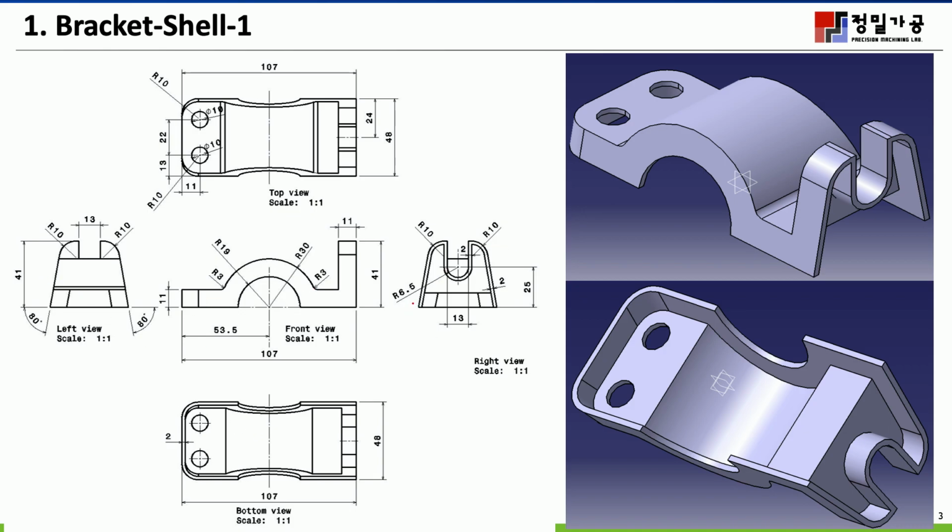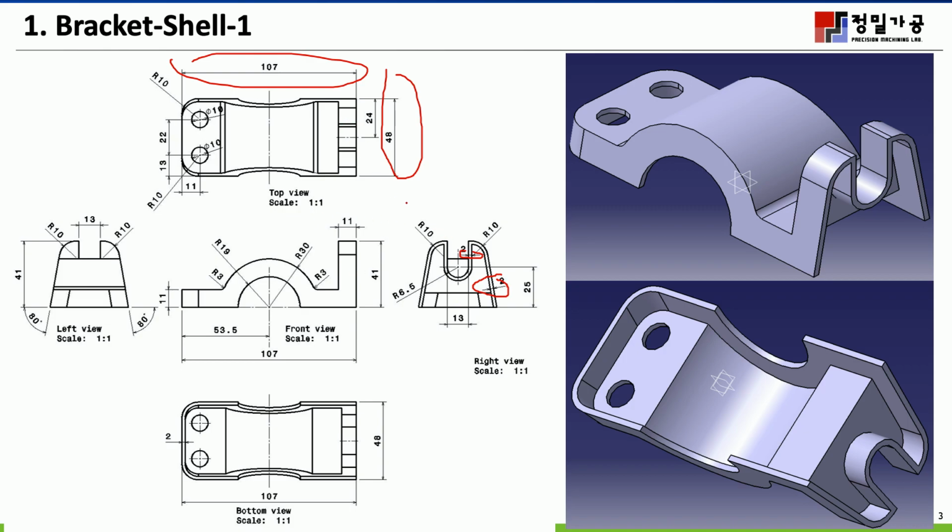This particular shape has an angle of 80, so maybe you draft about 10 degrees here. This particular dimension has a length of 107 and a width of about 48, and this part has a thickness of about 2 millimeter.